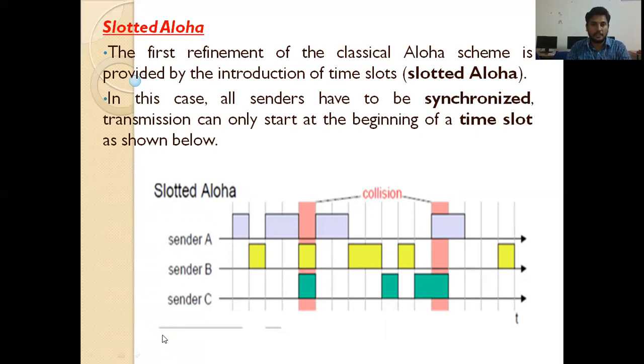If we observe this diagram, a data packet starts at the start of a time slot, another data packet starts at the start of a time slot, and again coming to B, every packet starts at the starting of the time slot, coming to the C.